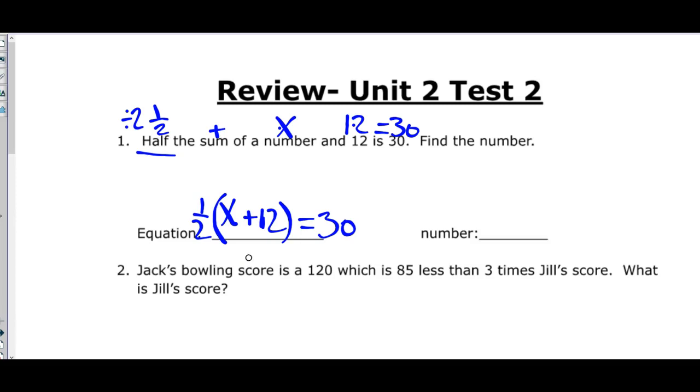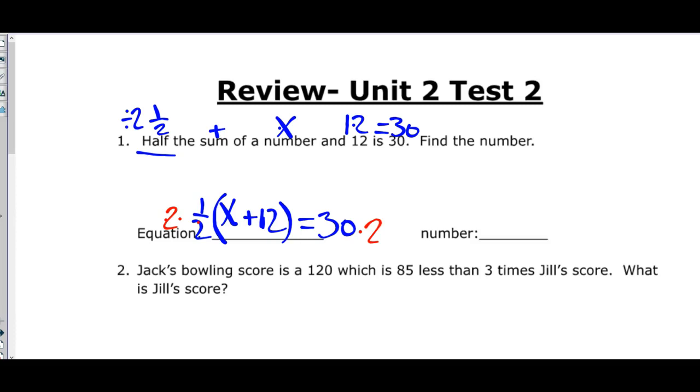Now, to solve that, I've got two options. I could distribute the 1/2 into x and into 12, but I don't like that because that's going to give me a 1/2 x, and I prefer not to have that. So instead, I'm going to multiply by 2 to both sides. I know that 2 times 1/2 will cancel out.